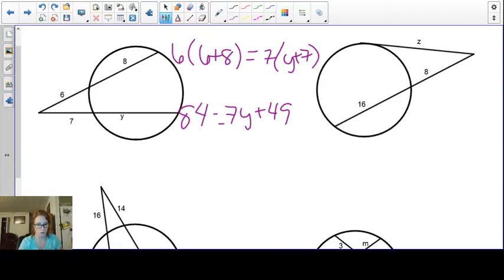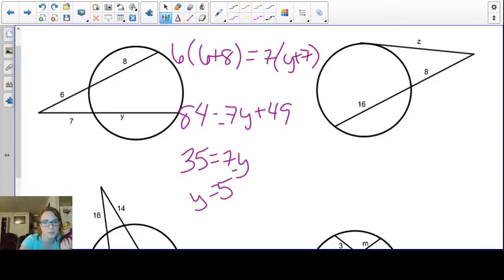So I subtract over the 49, and I get 35. So then y is equal to 5. And that would be in units of whatever it is. So it could be centimeters, inches, whatever. But if we're not given specific units, then we just leave it as the plain number.